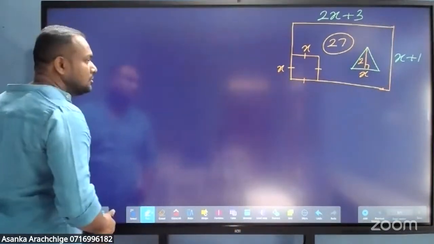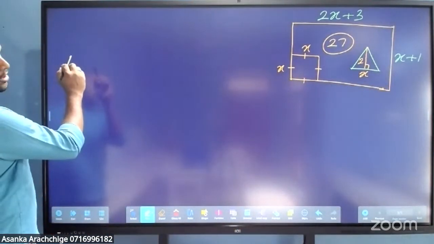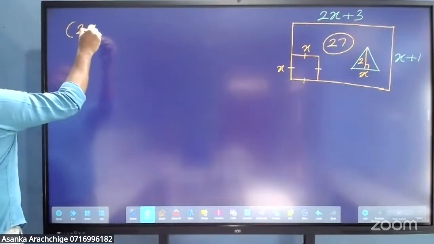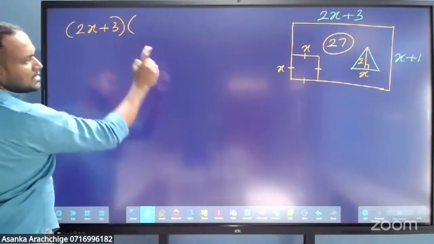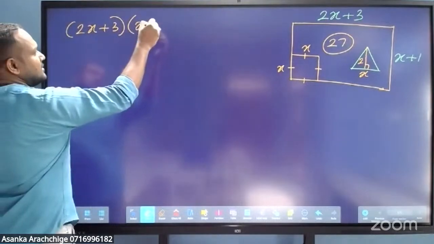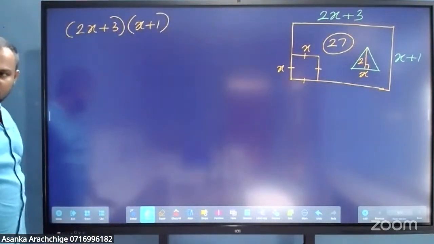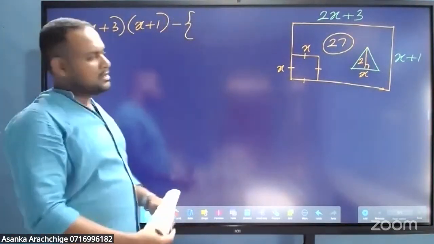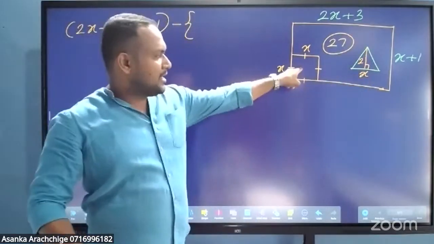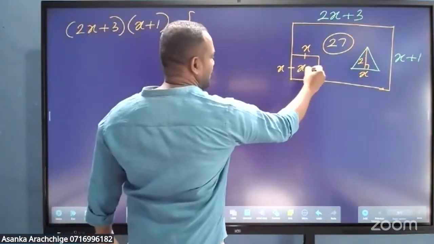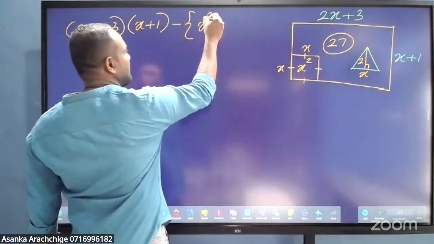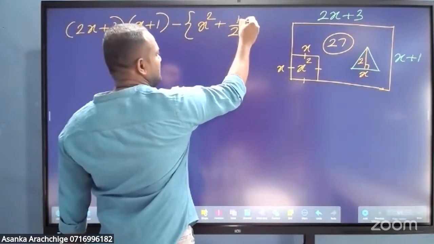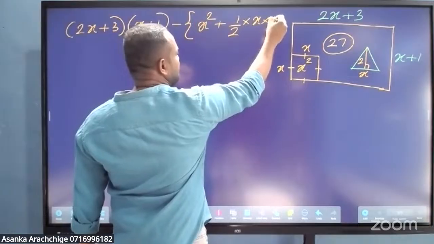So now I am going to do it. The total area is 2x plus 3 times x plus 1. This is the area of the whole land. From this we should subtract the sum of these two. The area of this is x into x, x squared, plus the area of this is half times x times 2.